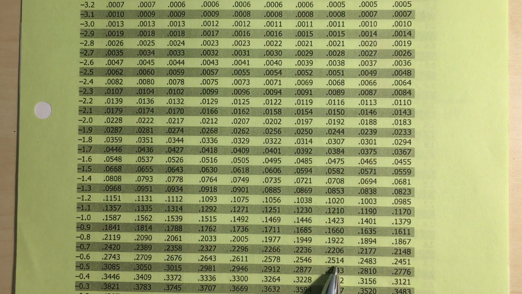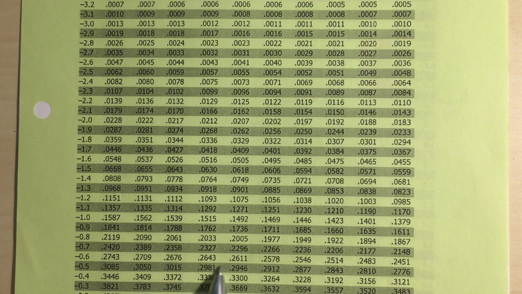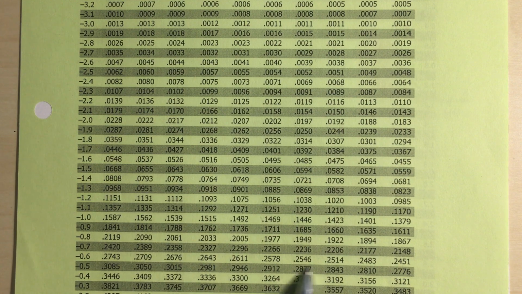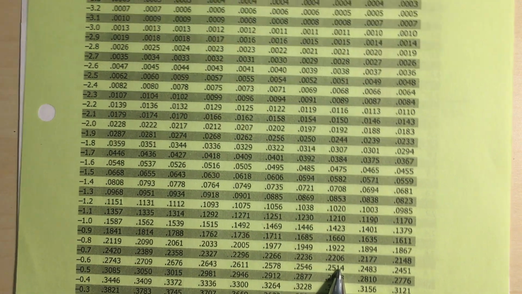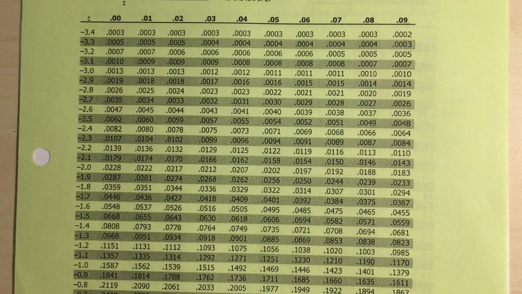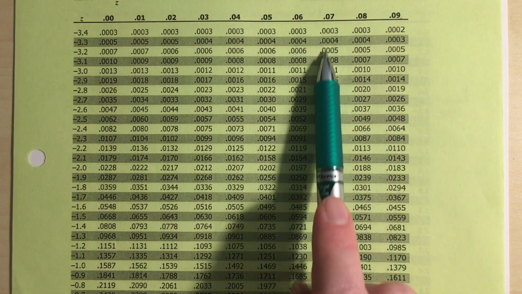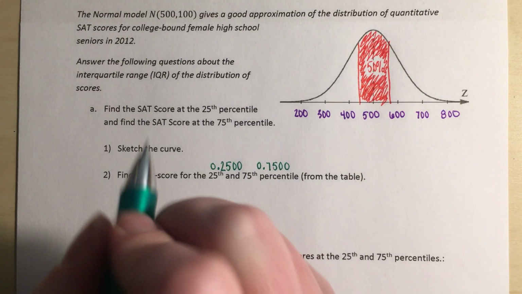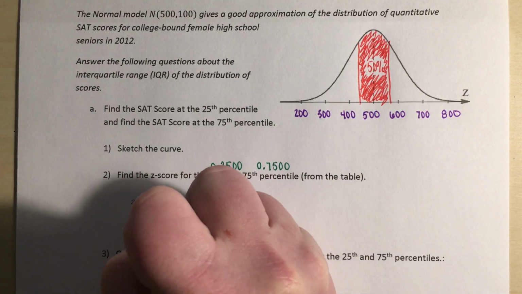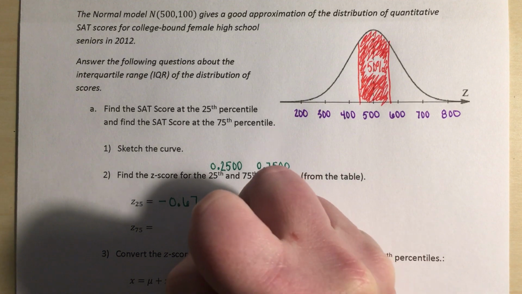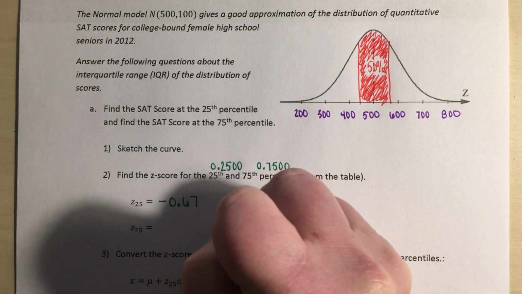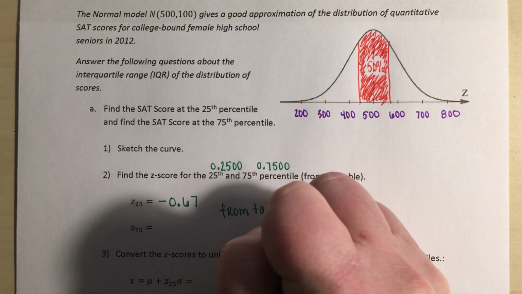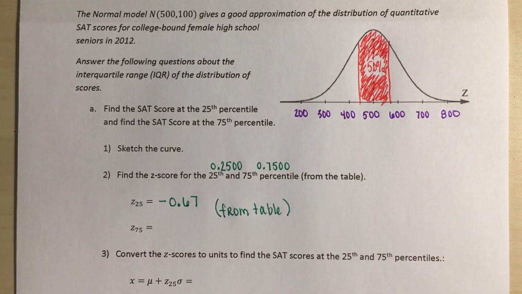Technically 0.2514 is a tiny bit closer decimal-wise. That is in our row that starts with negative 0.6, and if we go up this column it ends in 7. So we get a z-score of negative 0.67. Both of these are going to come from our estimations in our table.